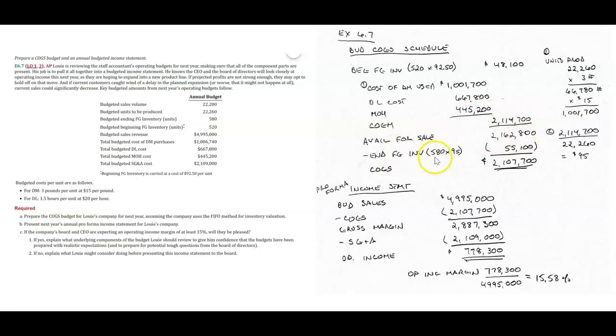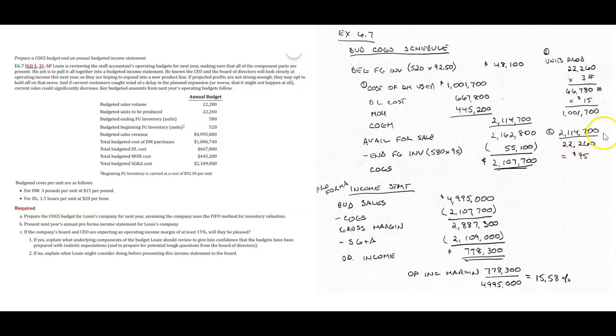Less ending finished goods inventory. Ending finished goods is 580 units, and the trick is we've got to find a dollar amount to value it at. So we take our total cost of goods manufactured, 2,114,700, and divide that by the total number of units produced.